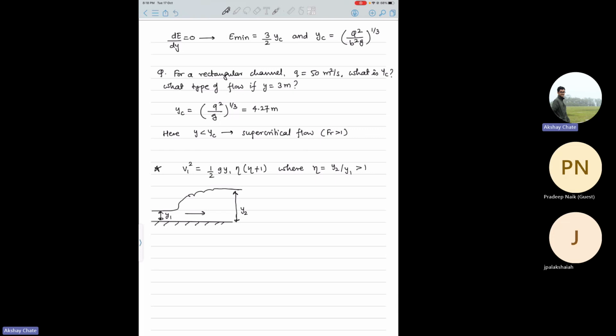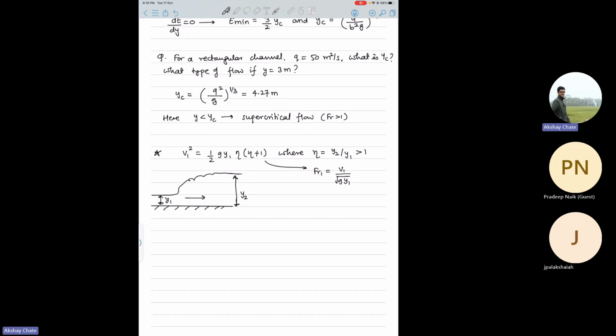Yeah, and what they do next is in this equation they introduce the upstream Froude number as Fr1, which is the formula we all know, V1 by square root of g y1. And if you do that, and you solve for eta, what you get is 2 eta, which is nothing but 2 y2 by y1, equals minus 1 plus square root of 1 plus 8 times upstream Froude number squared.